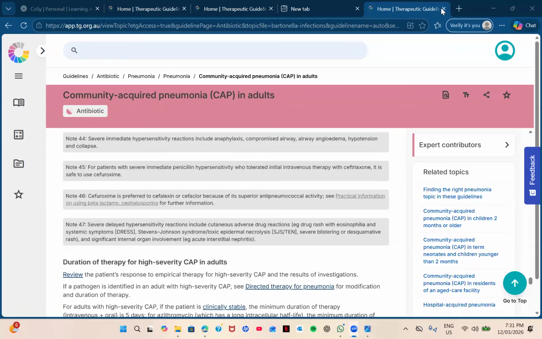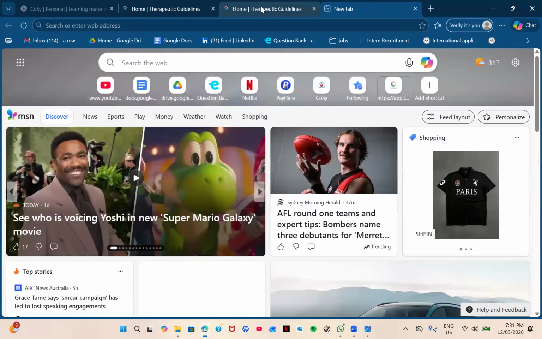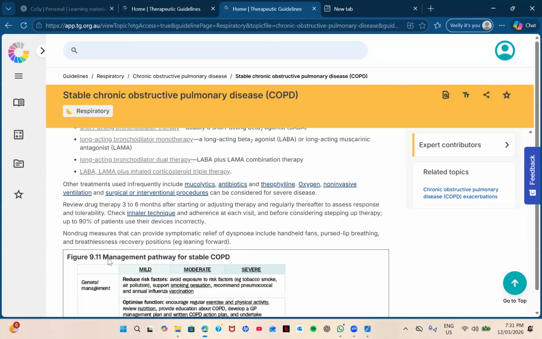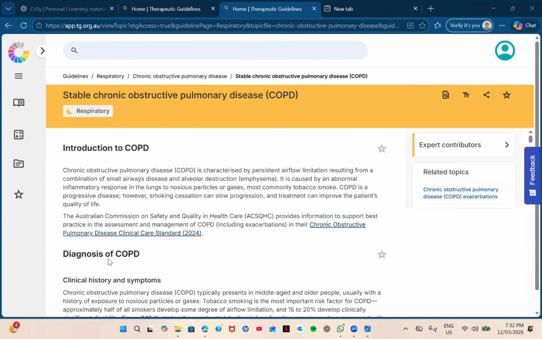Tell me. Here also we have a stable COPD management, that means the maintenance treatment, and we have COPD exacerbation management, right? Is everyone here?